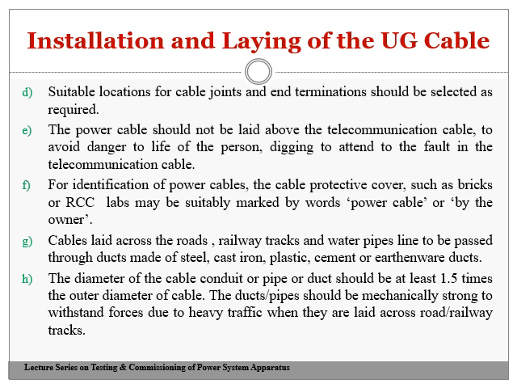Cables laid across roads, railway tracks, and water pipes are to be passed through ducts made of steel, cast iron, plastic, cement, or earthenware. If you want to lay the cable crossing the road, the proper procedures have to be followed.